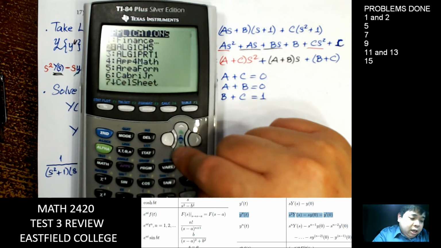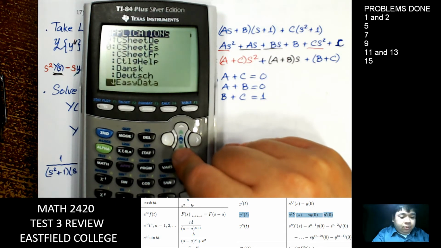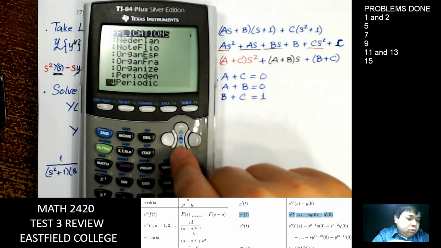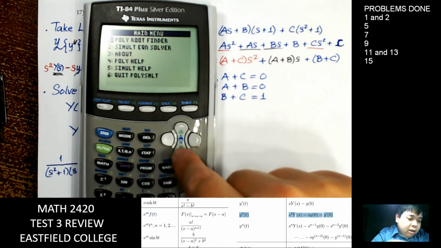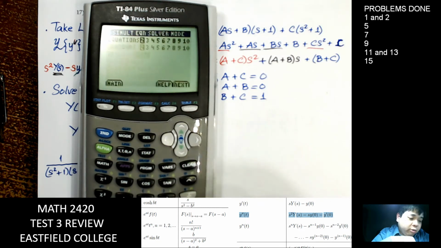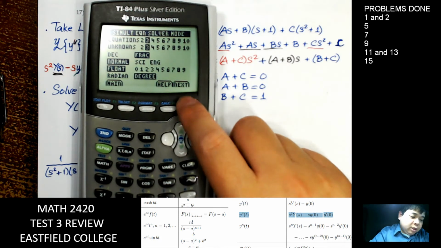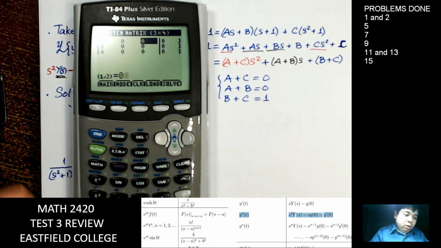Application, look for the system of equations, simultaneous equation solver, 3 variables, 3 unknowns. The coefficients are 1, 0, 1, 0, 1, 1, 0, 1, 1 with the constants 0, 0, 1.